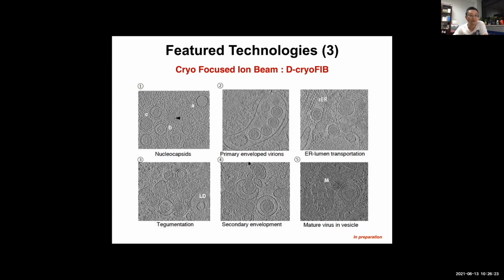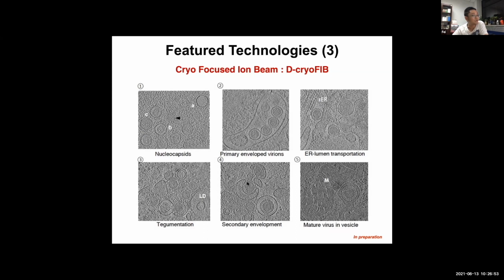So these are images from cryo prepared sections of a cell achieved by cryo-focused ion beam. It's comparable to our conventional BioEM method, but using the cryo-EM preparation method, we can see more structural details.